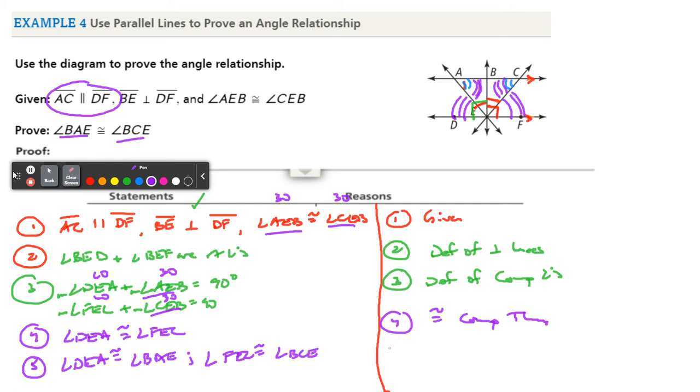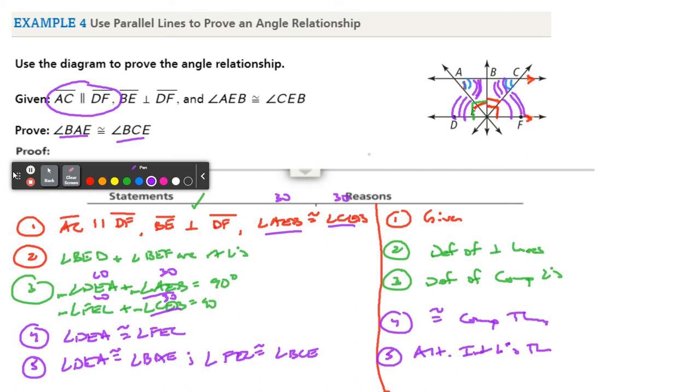So those are the alternate interior angles theorem, which says that if lines are parallel, alternate interior angles are congruent. And now what I can do is, since I know that DEA and FEC are congruent, I can use the transitive property to replace BAE for DEA and BCE for FEC, and I get what I want to prove.